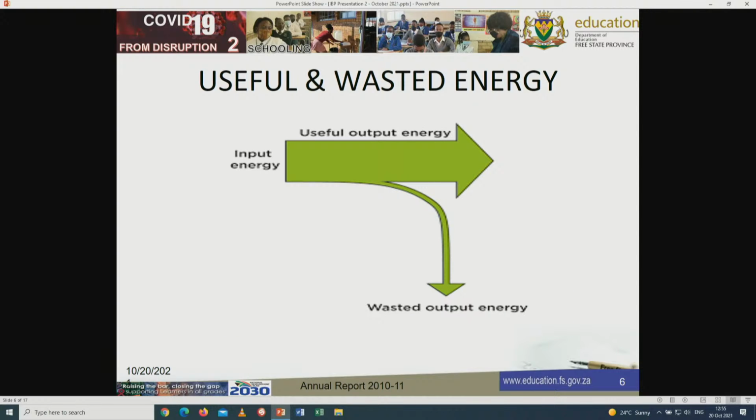Useful and wasted energy. Energy comes in, let us look at a picture. Energy comes in to be used for a certain purpose as an input energy.